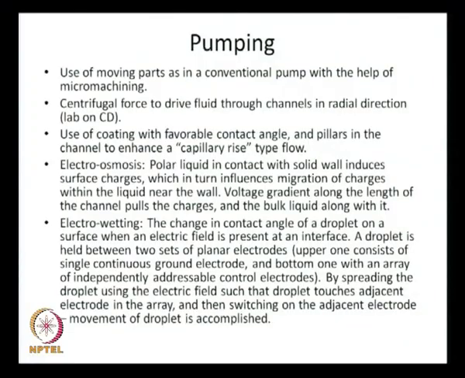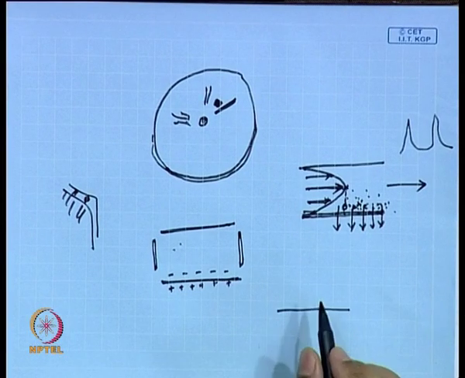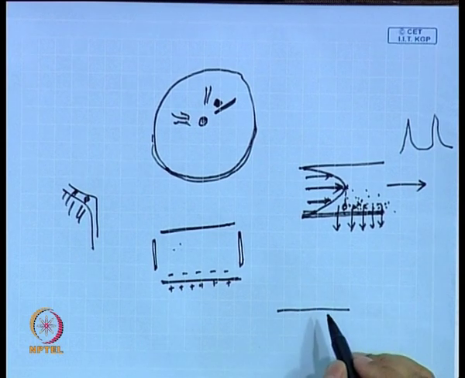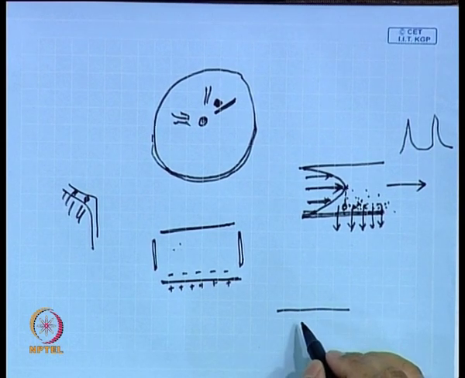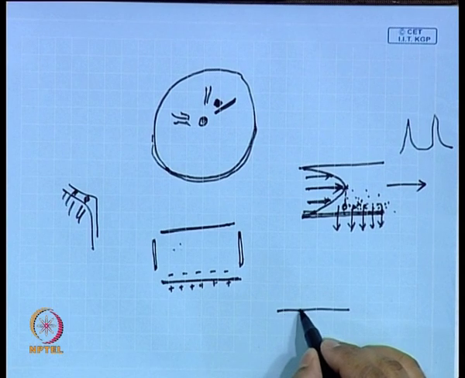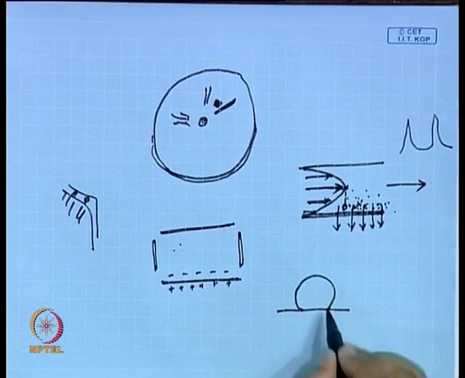The other element that we have is electro wetting. Here, there is a change in contact angle of a droplet on a surface when an electric field is present at an interface. Suppose I have the wall and on it I have a droplet sitting there. This is a droplet.